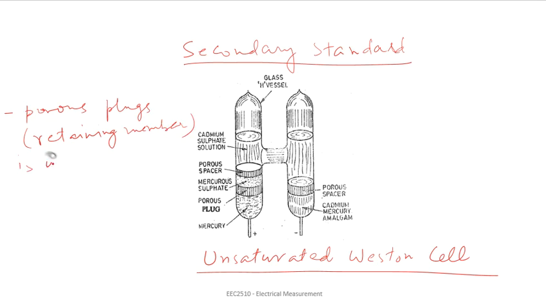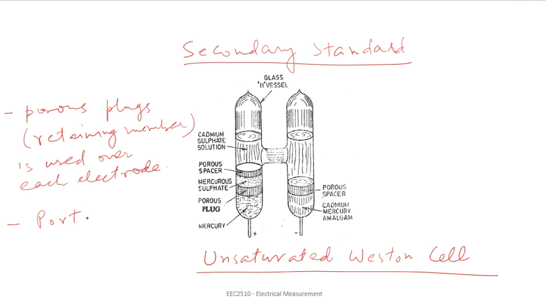So these porous plugs are used over each electrode. And the function of the porous plug will be to hold the material in its place. So that is why, due to this fact, these cells are considered portable.